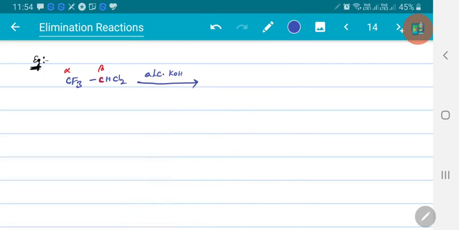So when you have taken alcoholic KOH on heating, now what happened? First, this base will abstract the acidic hydrogen. After losing the acidic hydrogen, it forms CF3C minus Cl2, right? So this is the carbanion intermediate.